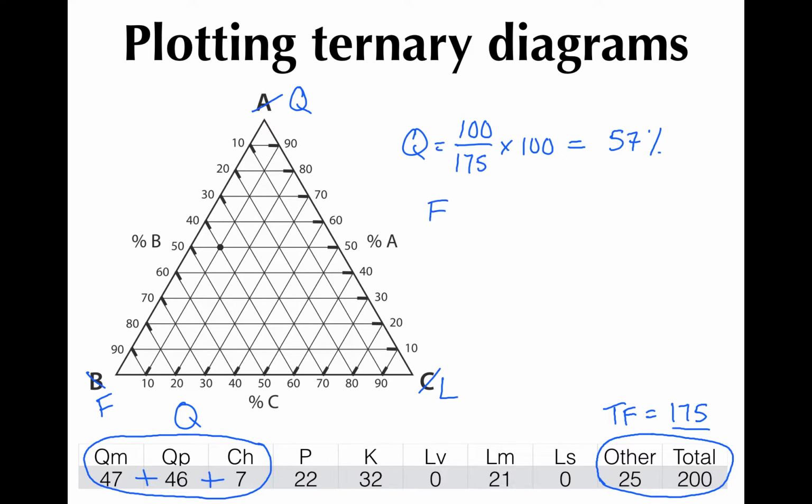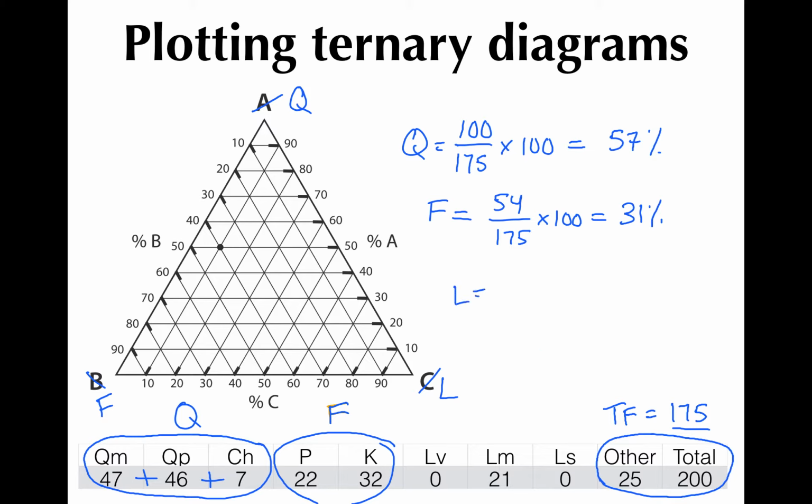Our value for F is going to be the sum of the two feldspar categories. And those two feldspar categories sum to 54, divided by 175 times 100, which is going to give us 31%.